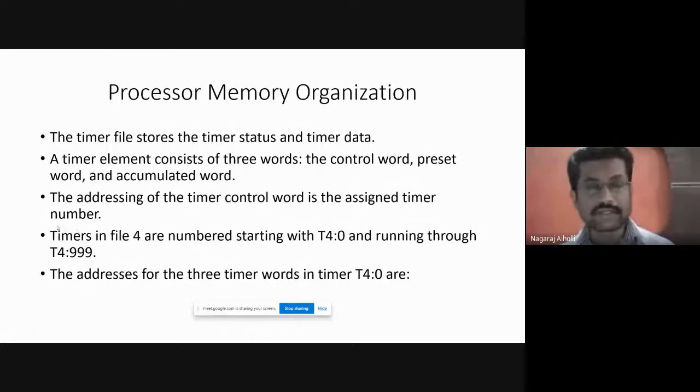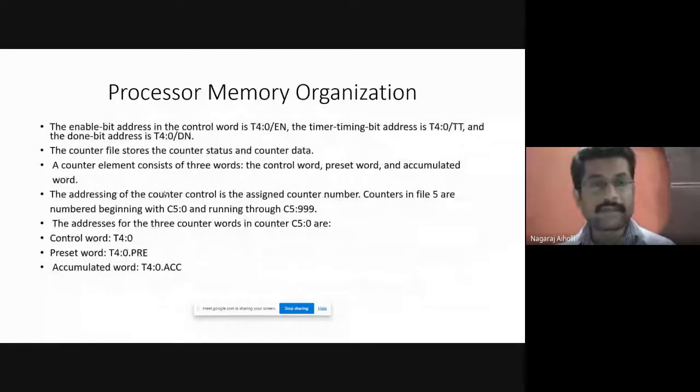The addresses for the three timer words in timer T4:0, the first timer of file number 4, are as follows. The enable bit address is T4:0/en. This is the enable bit to enable or activate the timer.